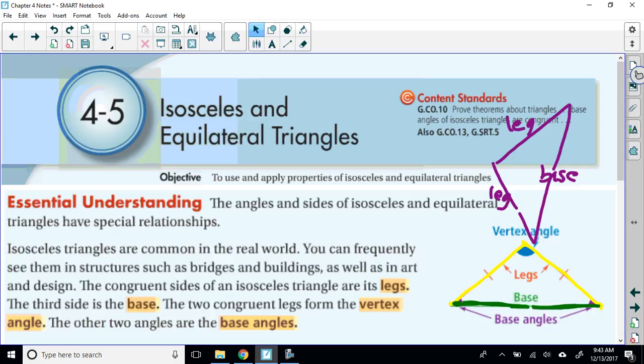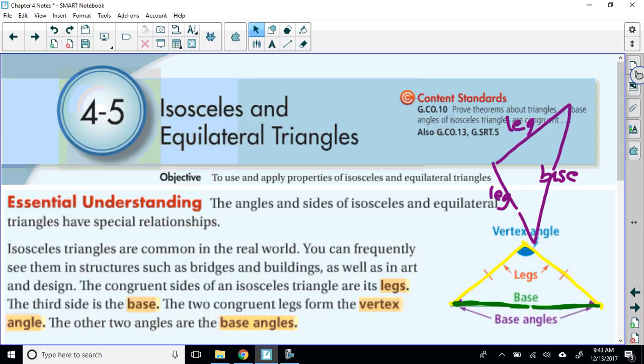So the congruent sides are the legs, the third side is the base, and the two congruent legs form what's known as the vertex angle. And the other two angles are called the base angles. So all those blanks in that drawing, just be familiar with the various parts.